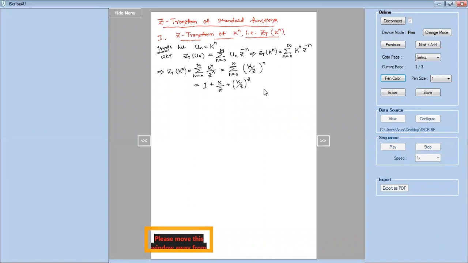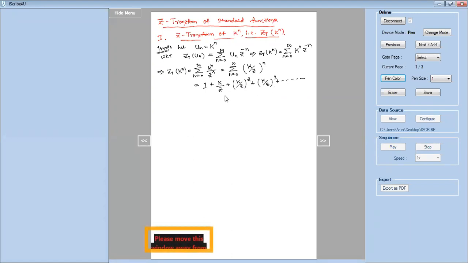When n is 3, it is k by z whole cube plus so on. Right? So n is 0, you get 1. N is 1, k by z power 1. When n is 2, k by z whole square, like this. So this is the series we got.